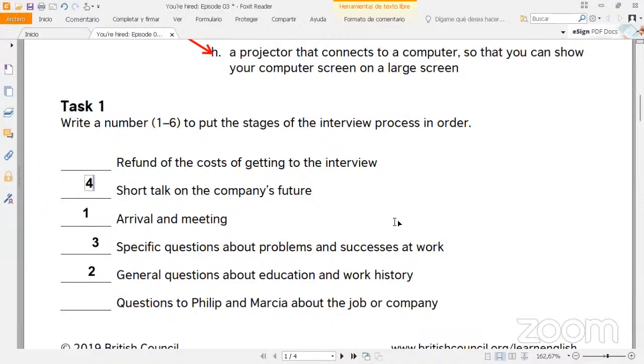Questions to Philip and Marcia about the job or company. Okay. And who found the cost. All right. We are very close.